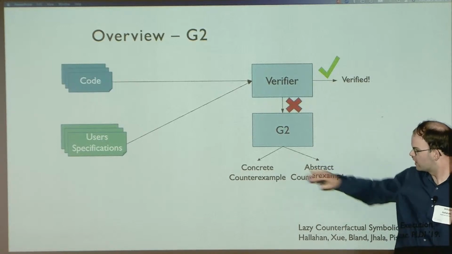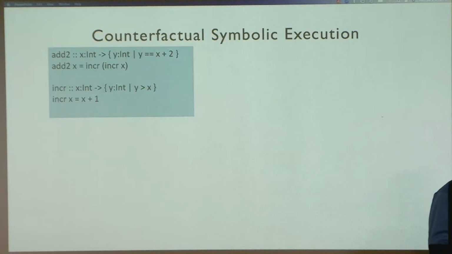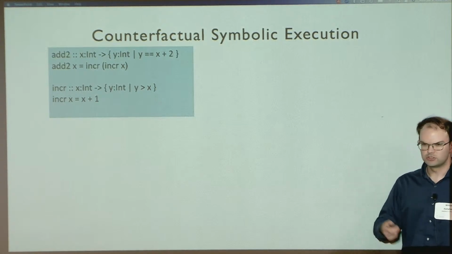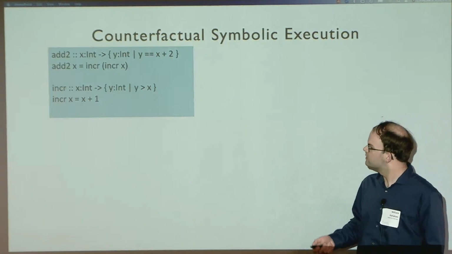So we want our symbolic execution to be able to find both of these kinds of counterexamples. To do that, we do a bit of instrumentation on the code, and then we run symbolic execution. I'm going to show you what that instrumentation is, and then a little bit of a trick we do while symbolically executing.